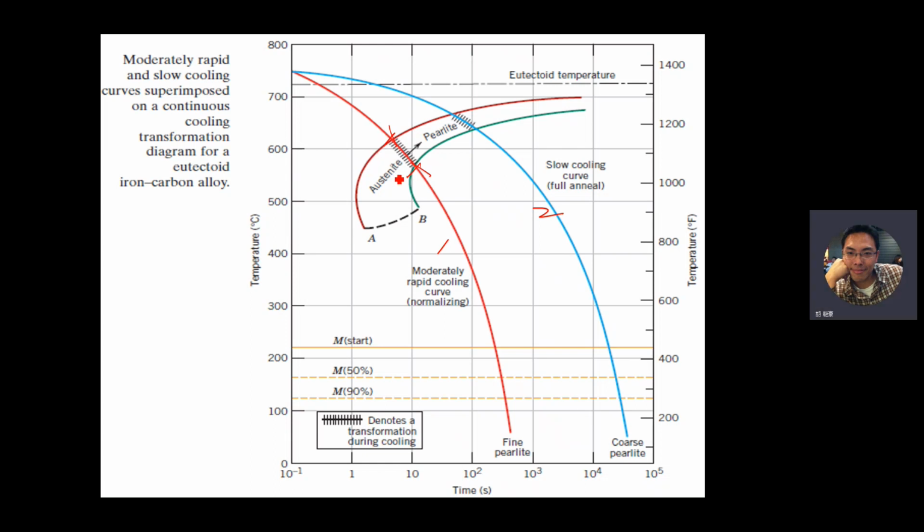For cooling rate 2, the pearlite starts to form at this moment and finishes at this moment.